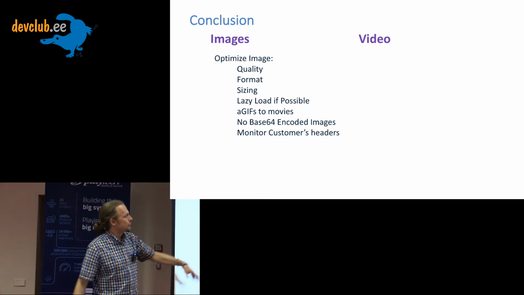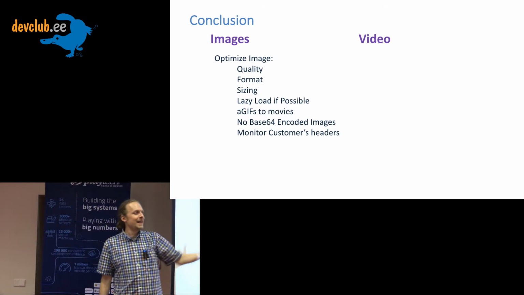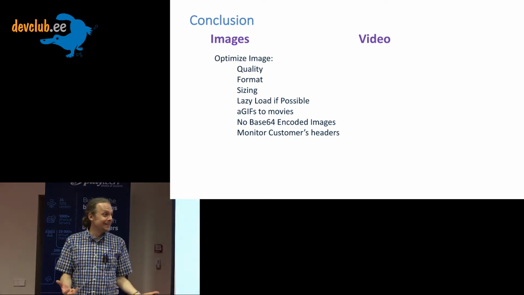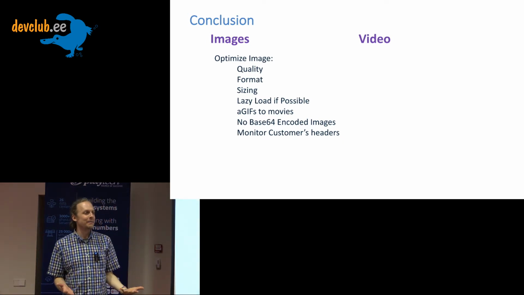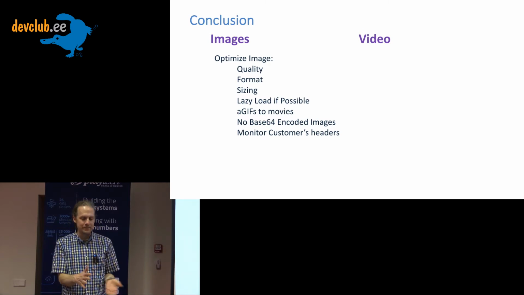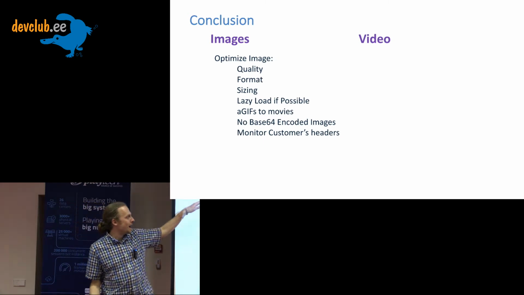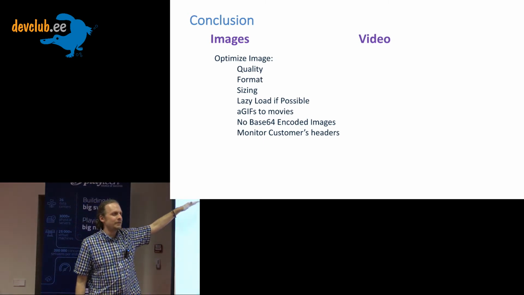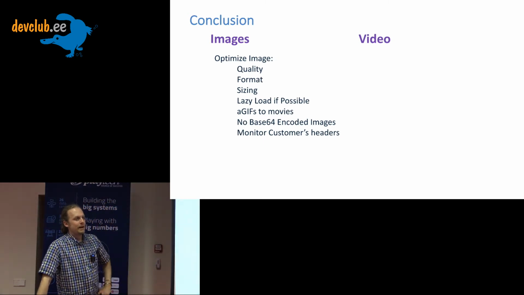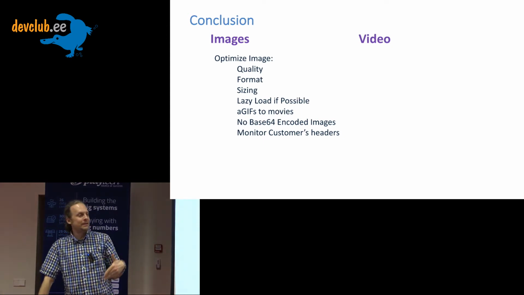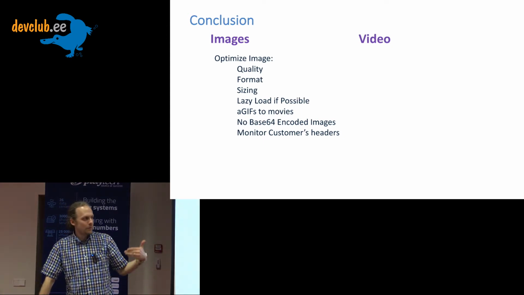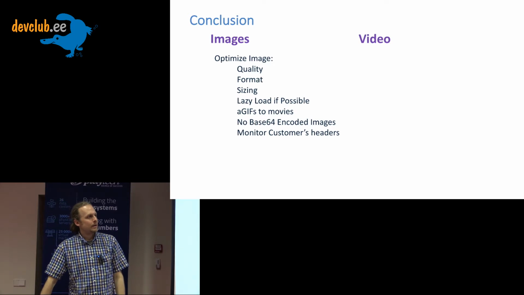I would say the first one is probably sizing, because the last thing you want to be doing, and I see this happen a lot, is serving 4 megabyte thumbnails to a mobile device. If you can resize the images for every single device, you're going to do a big chunk of optimizing all of the images. Beyond that, there are additional incremental savings for each one of them, but it's always that first optimization that makes the biggest savings, and the other ones are incremental on top of that.